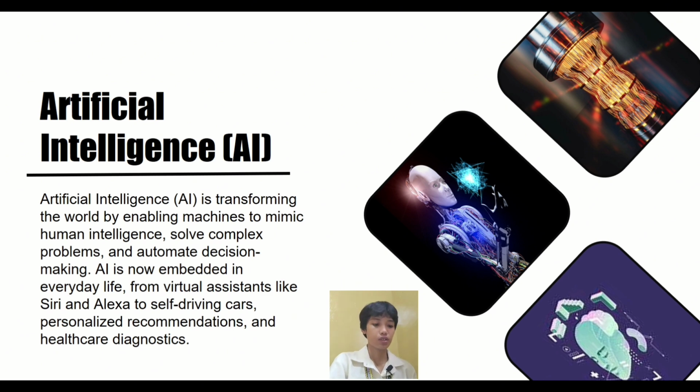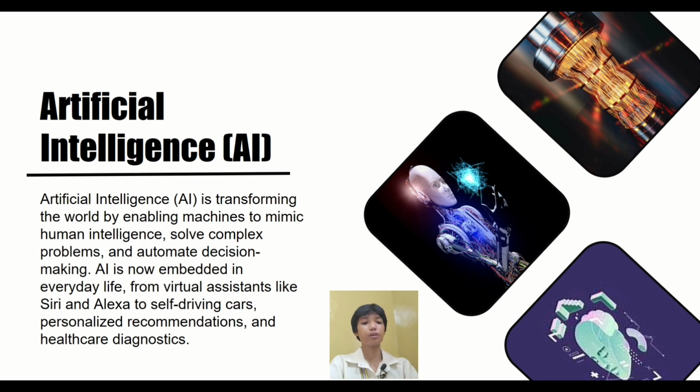They can do what humans think, how humans solve problems. That's how AI is nowadays. It solves complex problems and automates decision making. Since AI can mimic human intelligence, AI is now embedded in everyday life.